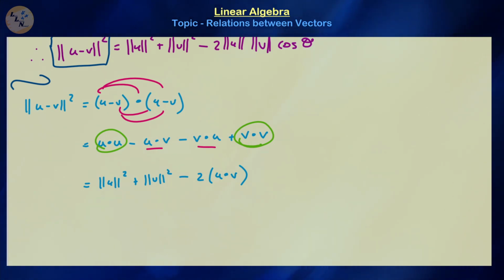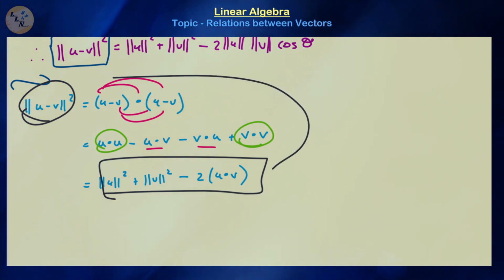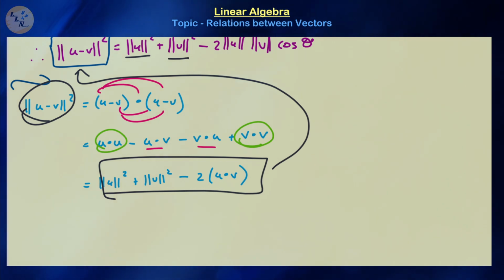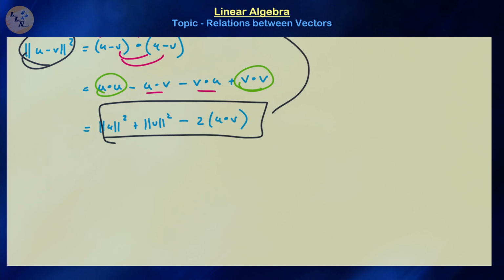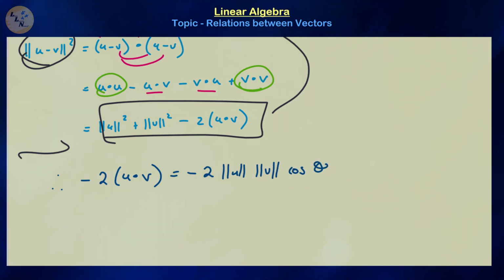So that means once we replace the norm of u minus v squared with this expression into this identity, notice that we're going to have the norm of u squared and norm of v squared on both sides of this equation. So once we cancel those things, what are we going to be left with? We're going to be left with minus 2 u dot v is equal to minus 2 norm of u, norm of v, cosine of theta.